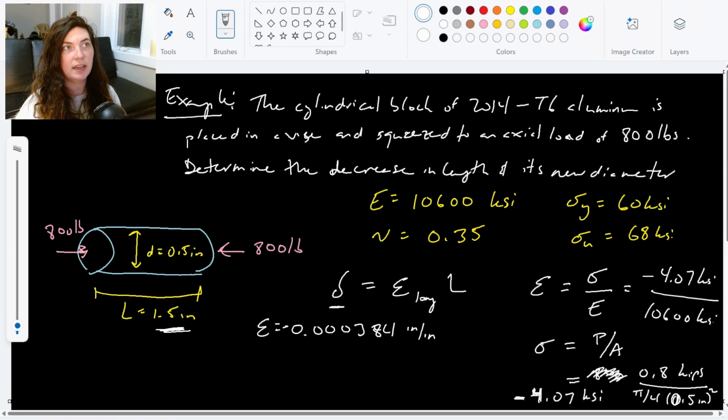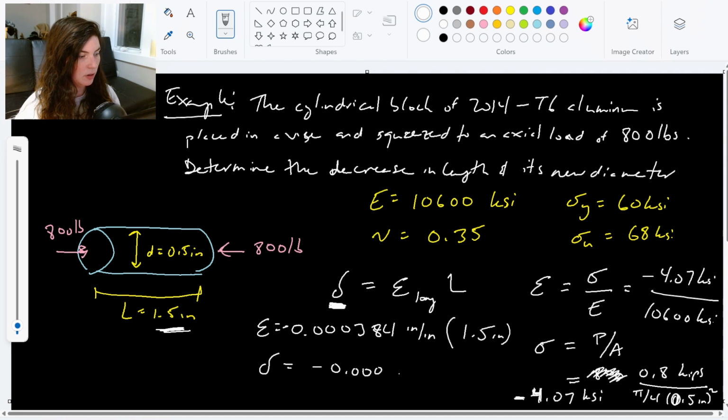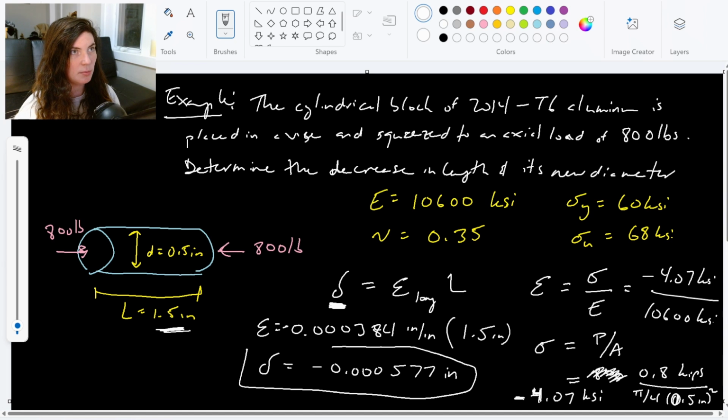And then to get my decrease in length, delta D, I'm just going to multiply my strain by the overall length. If I multiply this by the 1.5 inch length, then delta is negative 0.000577 inches, which is not a lot, but it is something.